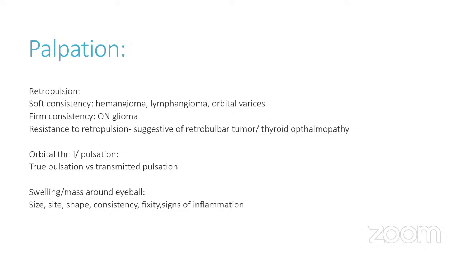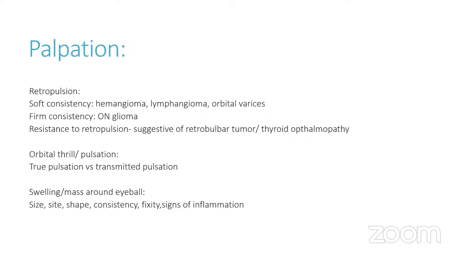Then coming to orbital thrill or pulsation, we have to distinguish between true pulsation versus transmitted pulsation. When we keep two fingers over the eyeball, in case of true pulsation, along with the anterior movement of the fingers, there is also a little separation. Whereas in case of transmitted pulsation, only anterior movement is seen. Then swelling or mass around the eyeball has to be checked.